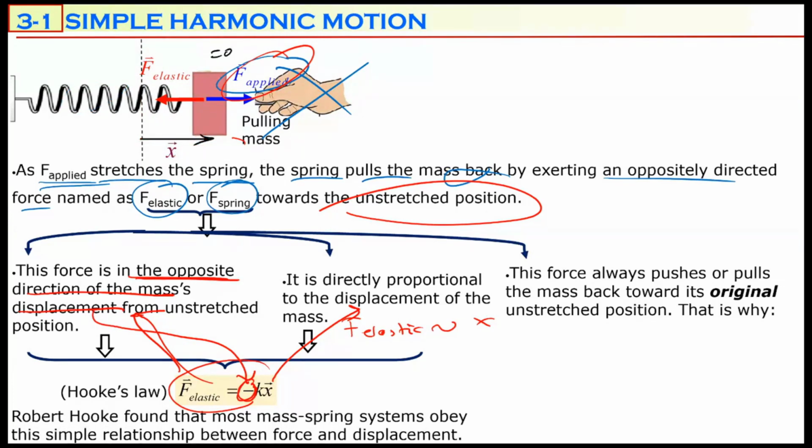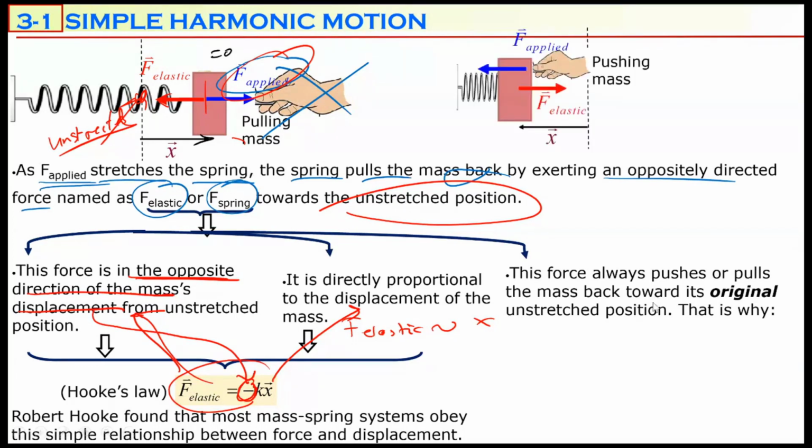Look at the direction here. When I stretch it to the right, this force is pulling the object back to the left. Why? Because this is the unstretched position. Its direction is always towards the unstretched position. But if I push the mass, now the displacement direction is to the left, and the restoring force will be to the right.